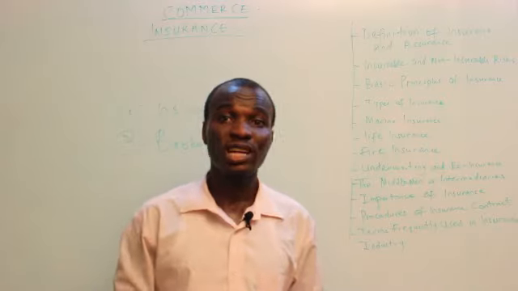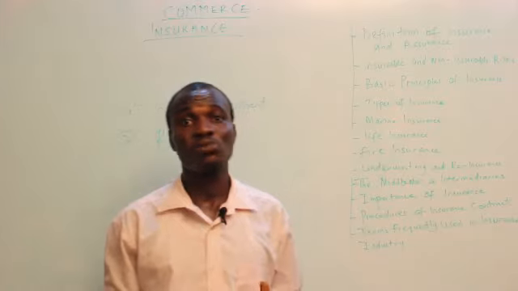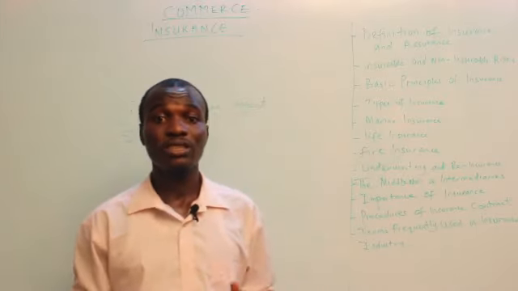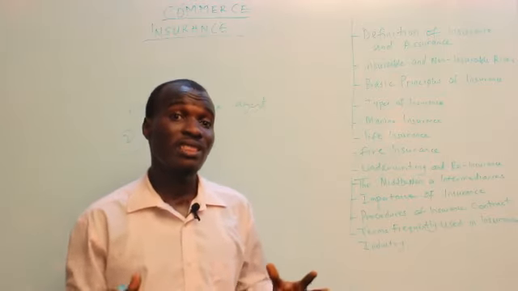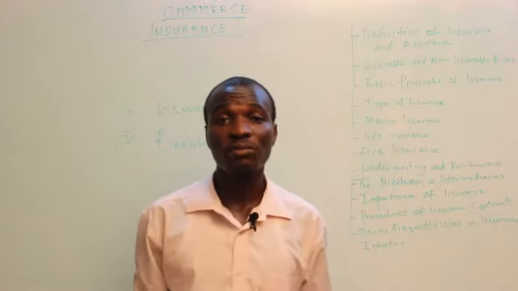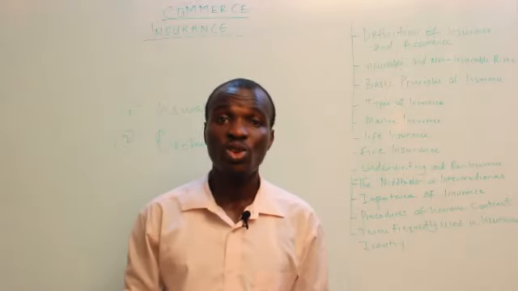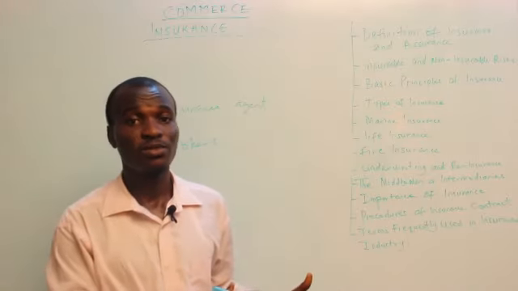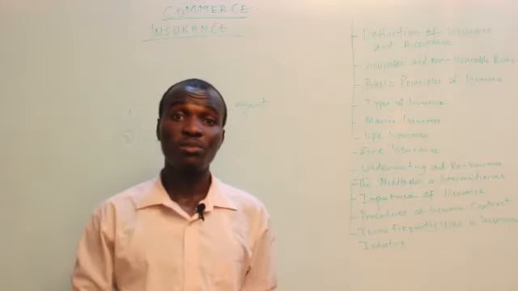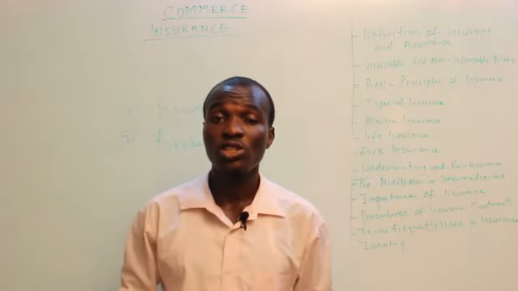When the potential client has been found, the broker will give the client the necessary information regarding the insurance contract and how much is required. So the broker links the insured person with the insurance company, that is the insurer, and helps the client secure an insurance policy.